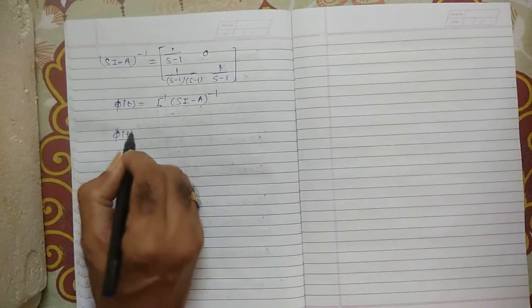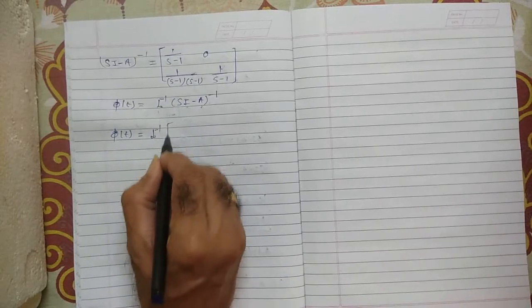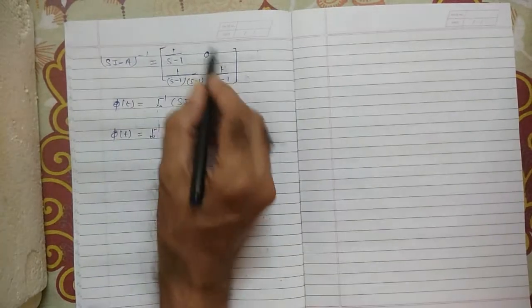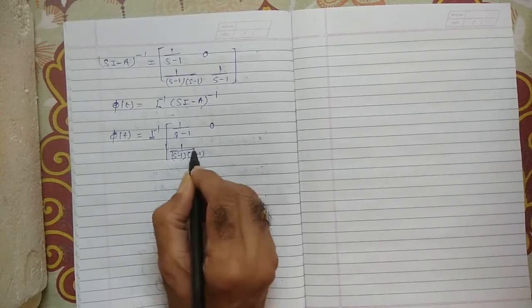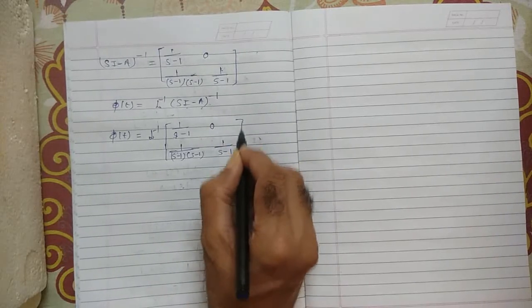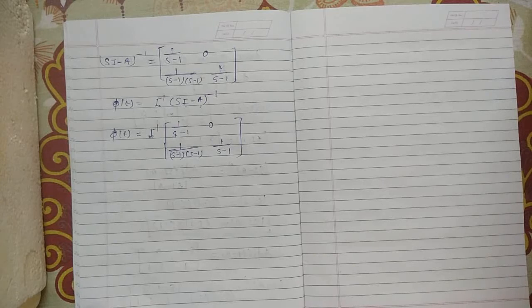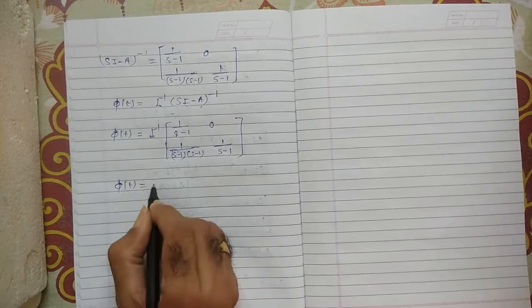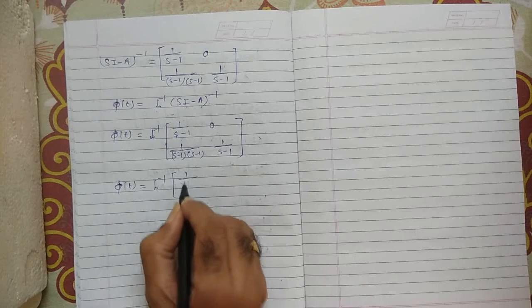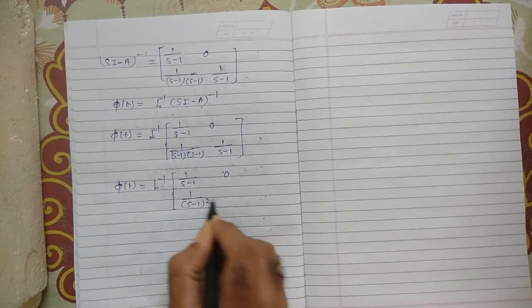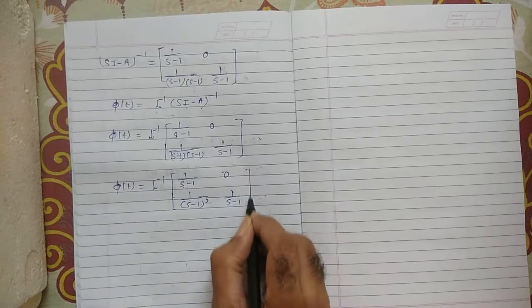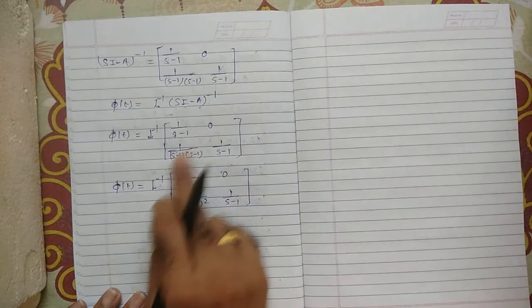So phi of t is the inverse Laplace of the matrix with 1 by s minus 1, here 0, here 1 divided by (s minus 1) whole square, and here 1 divided by s minus 1. Now we will take the inverse Laplace of each element.